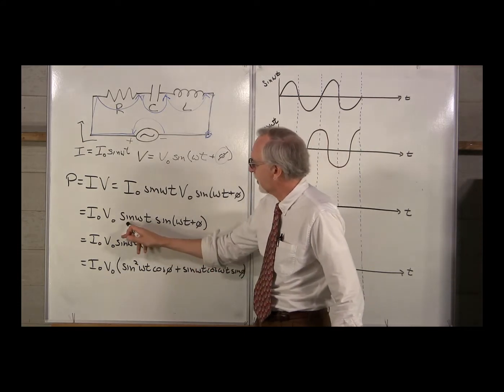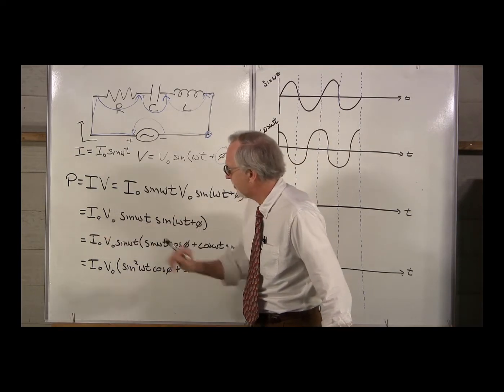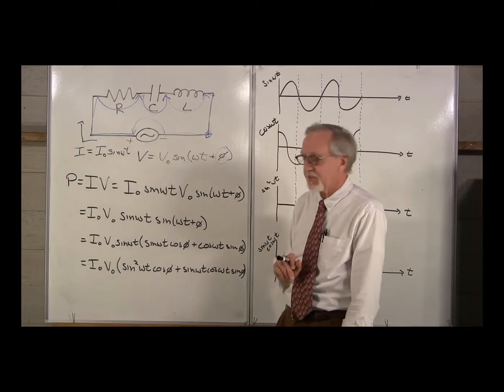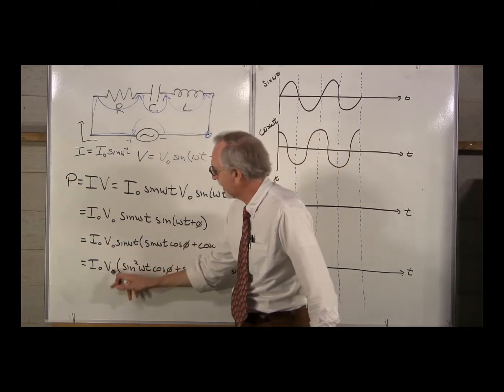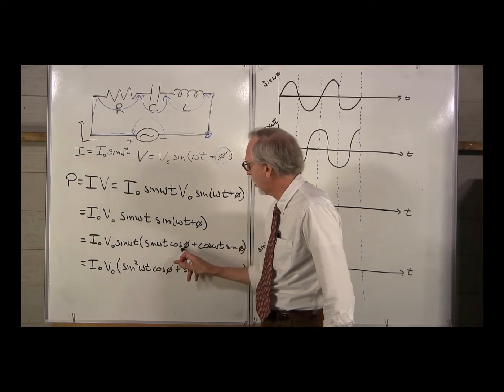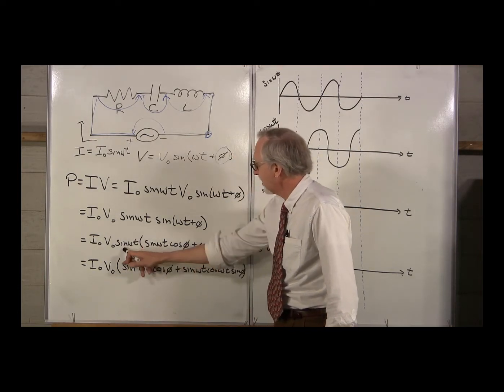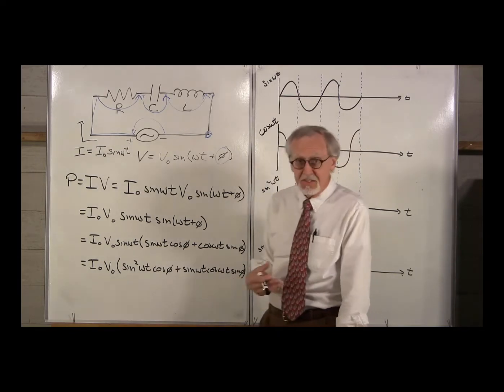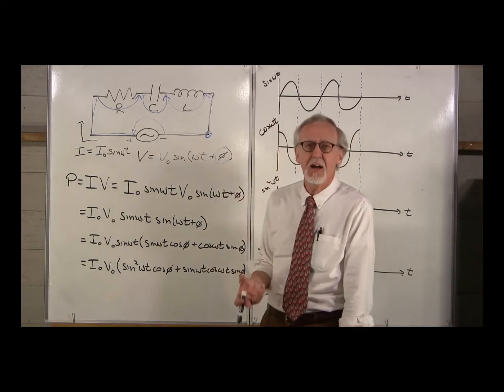And then we have to multiply that by sine omega t and I0 V0. Let's pull that sine omega t into the parentheses, and we'll write this as I0 V0 times sine squared omega t cos phi plus sine omega t cos omega t sine phi. This is a very complicated time dependence.